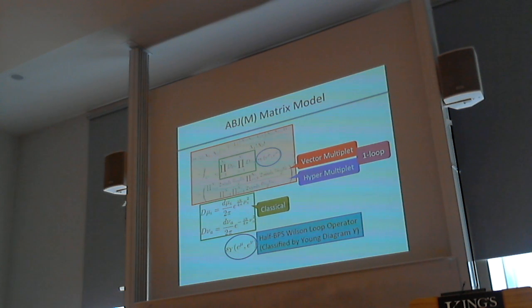If you are familiar with localization theory, let me tell you that the one-loop determinant of the vector multiplet gives you the numerator, and the one-loop determinant of the hypermultiplet gives you the denominator. Here S_Y comes originally from the half-BPS Wilson loop operator, and it is classified by Young diagram.